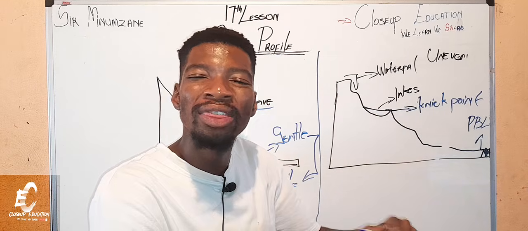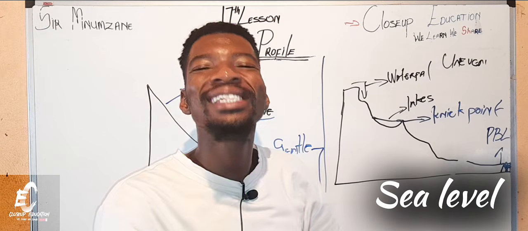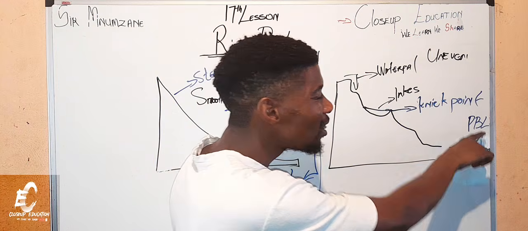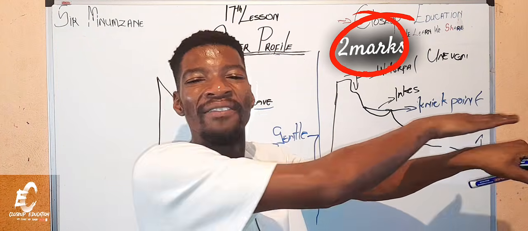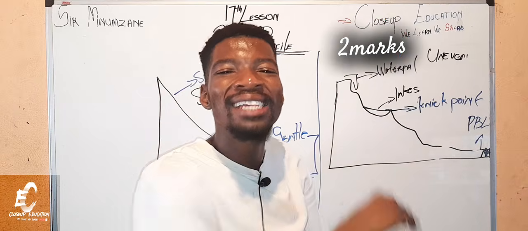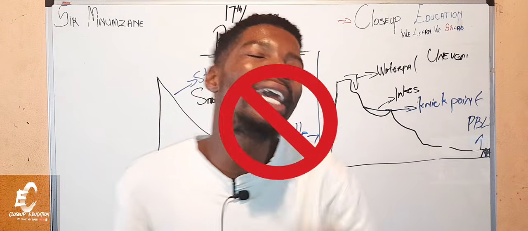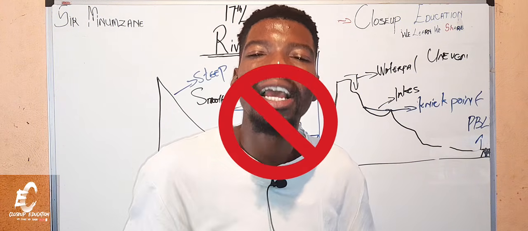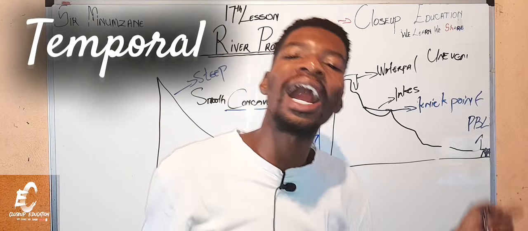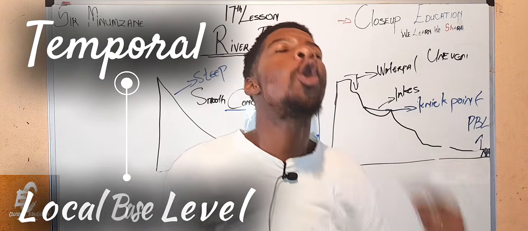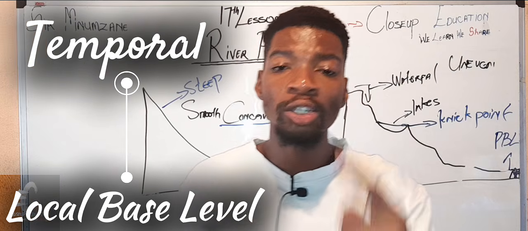It is usually at sea level, the same level as the sea. And we do not only have a permanent base level. If we have a permanent one, we definitely have a temporary one, or we could call it a local base level. That's what it's called.